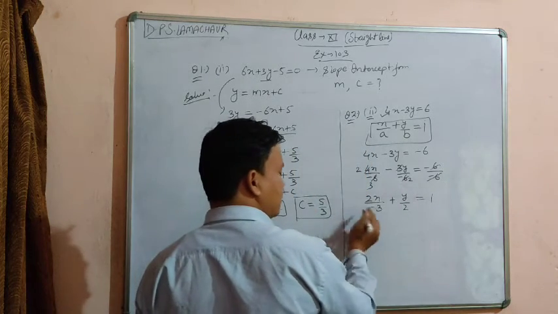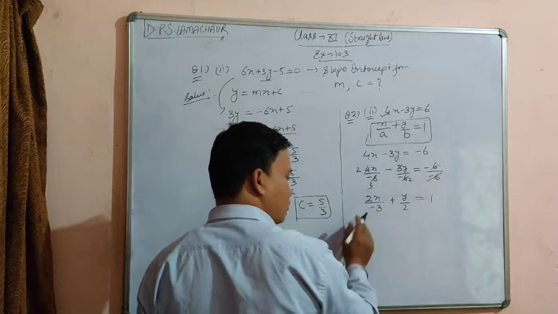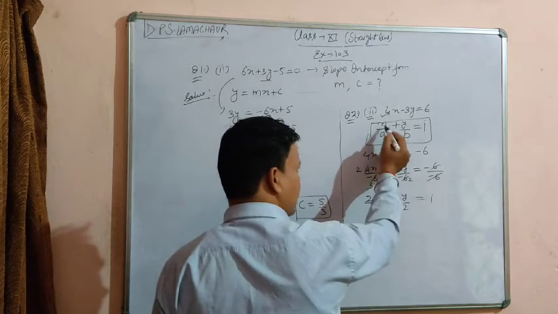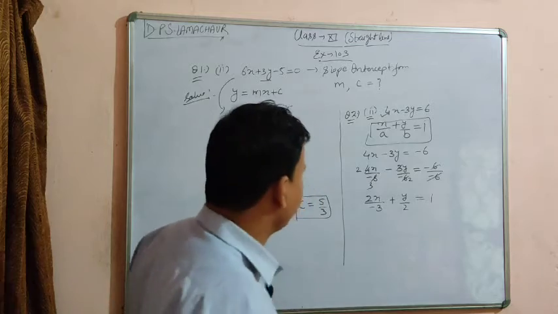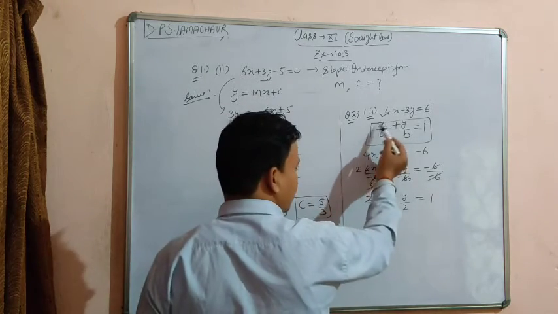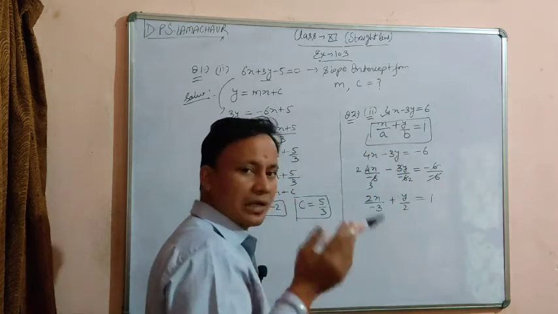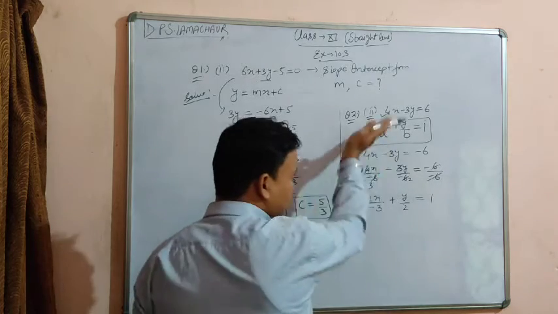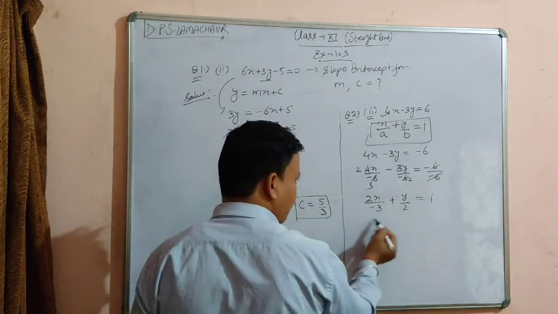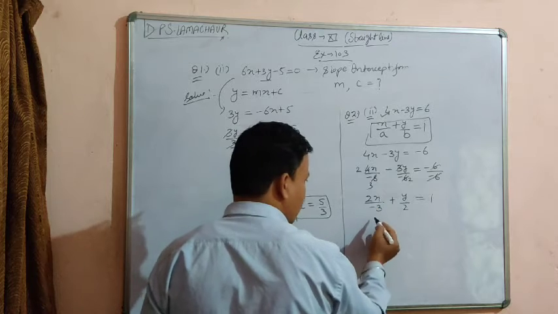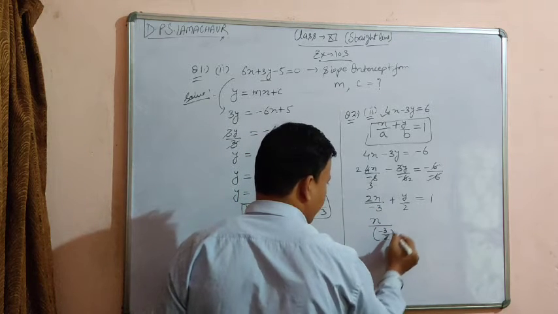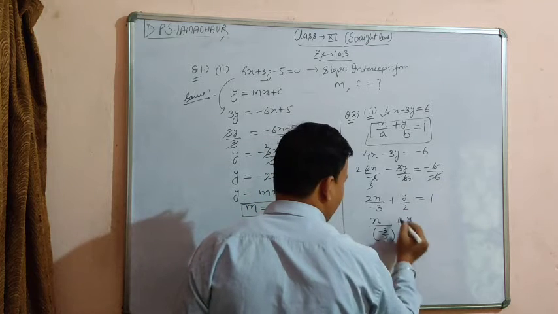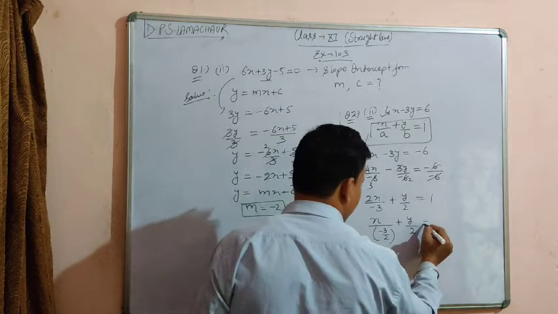Again we have to change this because the coefficient of x is 2 upon minus 3, but here the coefficient of x is 1 upon a. Whatever I want to tell you is that no coefficient with x should be in the numerator; the coefficient with x is in the denominator. So for that we have to shift 2 into the denominator. So we get x upon minus 3 upon 2 plus y upon 2 is equal to 1.